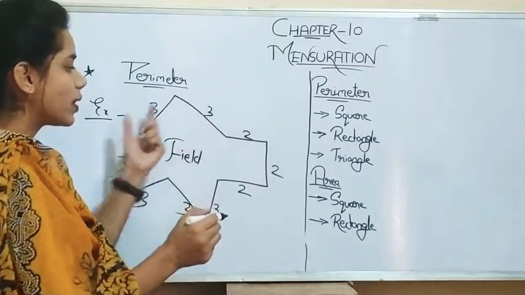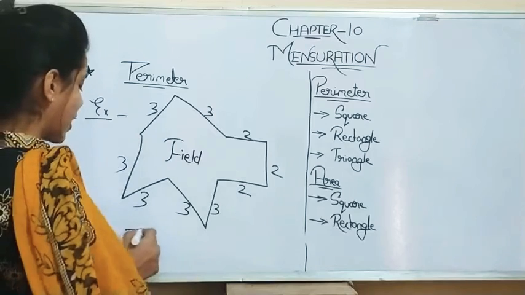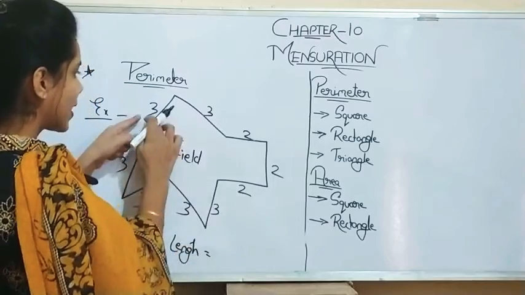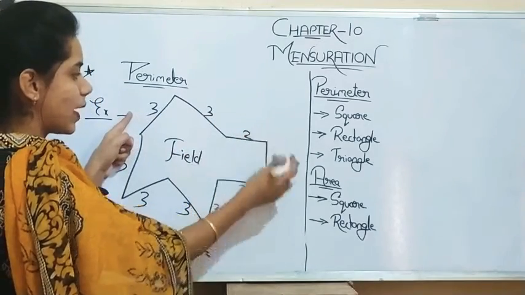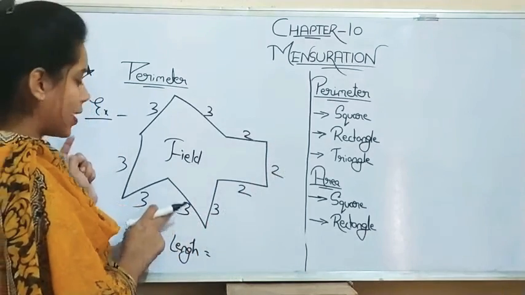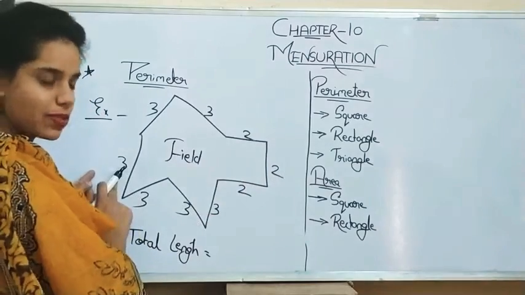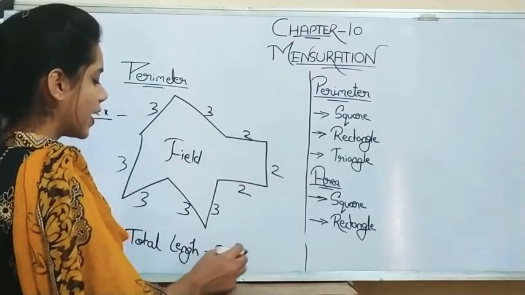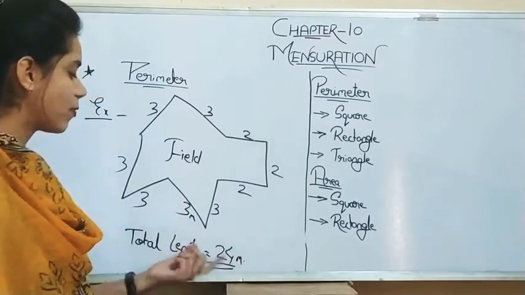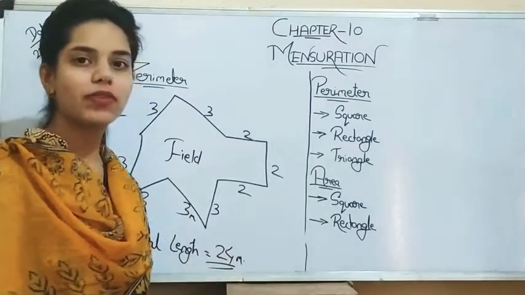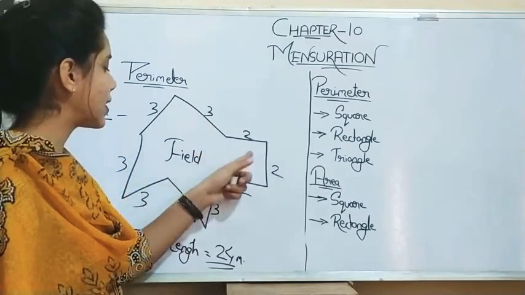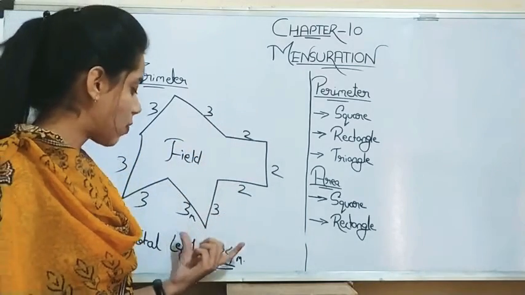If I add all these, that will be the total length of the wire. Total length will be 3 plus 3, 6, 6 plus 2, 8, 8 plus 2, 10, 10 plus 2, 12, 12 plus 3, 15, 15 plus 3, 18, 18 plus 3, 21, 21 plus 3, 24. So in this way, if all these measurements are in meter, 24 meter of wire he will require.